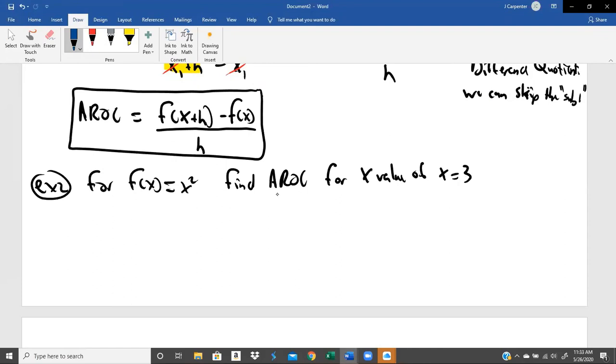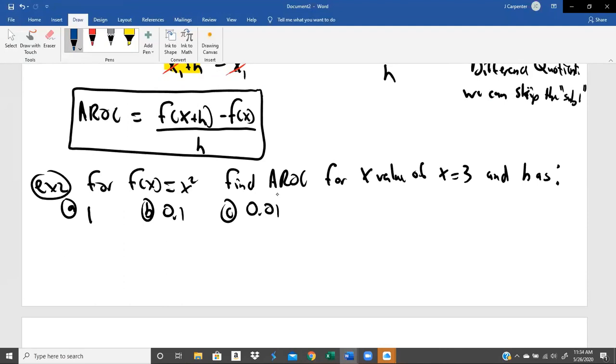And then with h's, for a, we'll do 1, which is honestly too big. For b, we'll do 0.1, and for c, we'll do 0.01. So we are actually going to be plugging in numbers for h. This is something you'll never see me do again in this class.